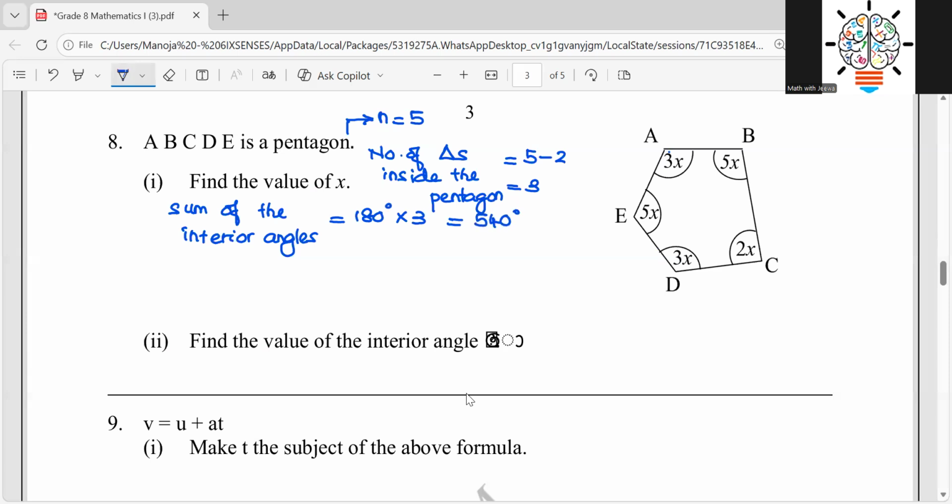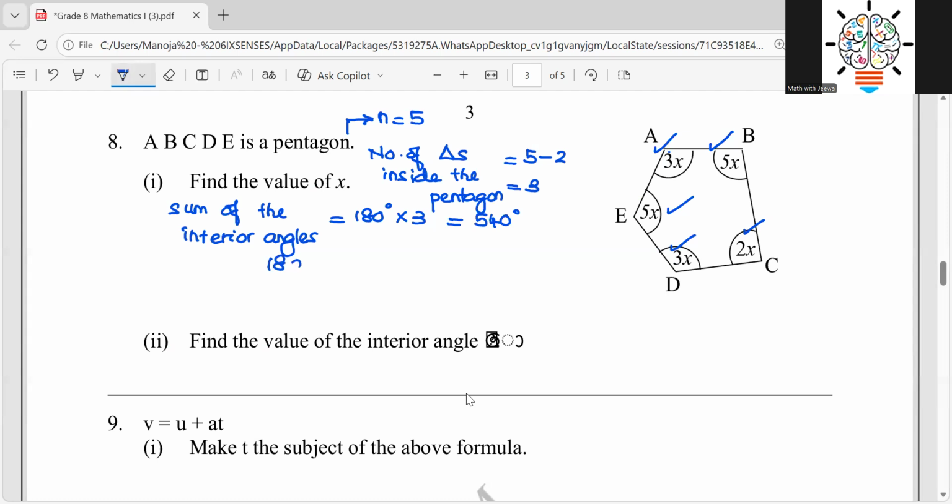So then I can add everything together. 3x plus 5x, it is 8x. 8x plus 2x, it is 10x. 10x plus 3x, 13x. 13x plus 5x, 18x, right? So when you add them together, it is 18x.